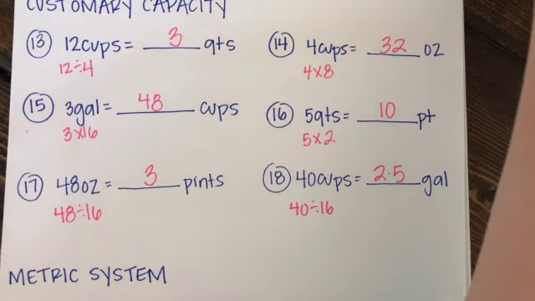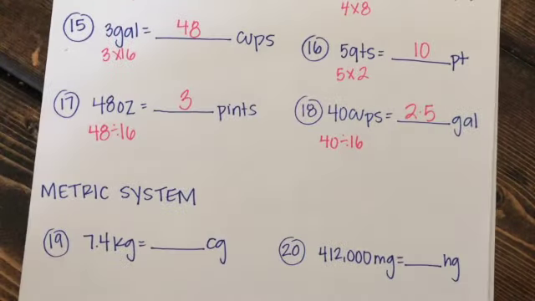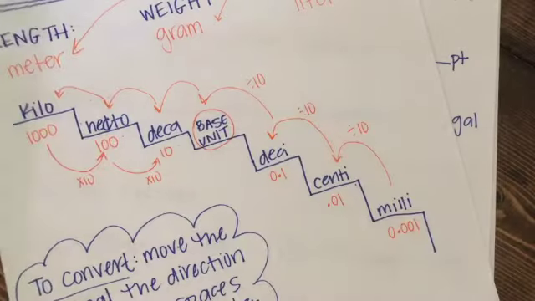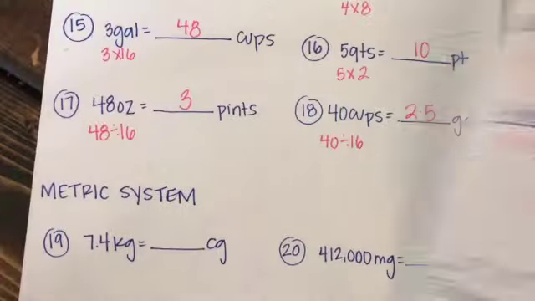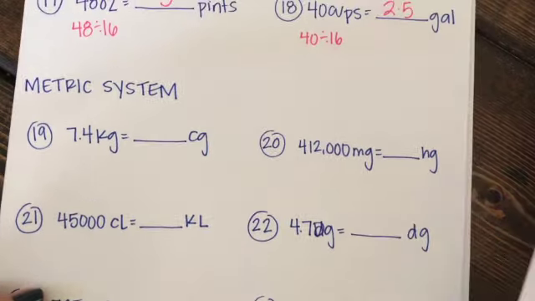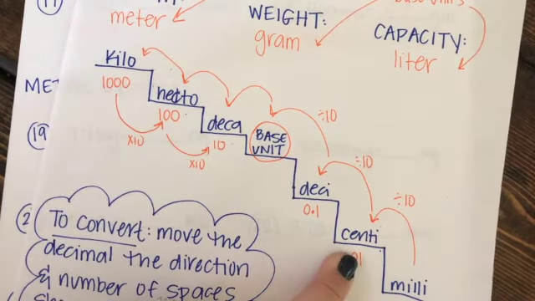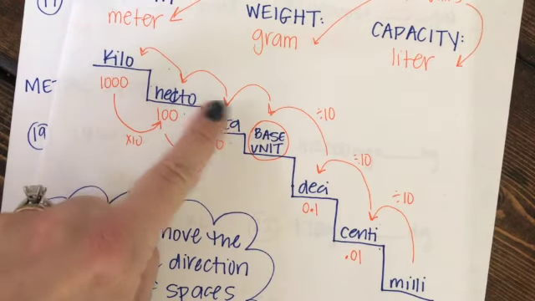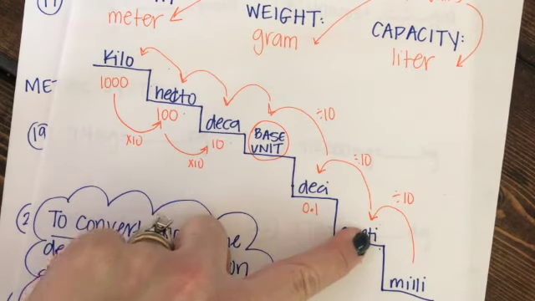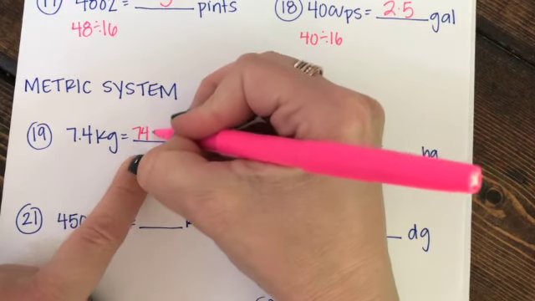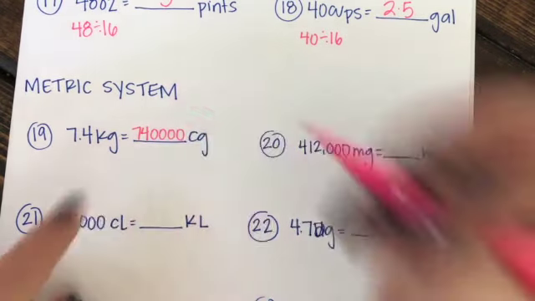Okay, and then the very last section is about the metric system. And so let's look at our little metric page one more time. Here we go. So on this first one, if I'm going from kilograms to centigrams, I'm going to the right, 1, 2, 3, 4, 5. So I'm going to take this decimal and move it 1, 2, 3, 4, 5.